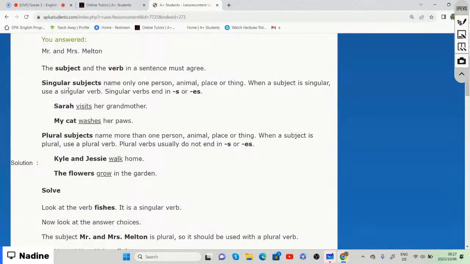A singular subject tells us about basically one person, animal, place, or thing that is doing the action. And then we have plural subjects, which refers to more than one person that is doing the action. The subject and the verb in a sentence need to agree, and that is why our chapter is subject verb agreement. So the subject as well as the verb within a sentence needs to agree.